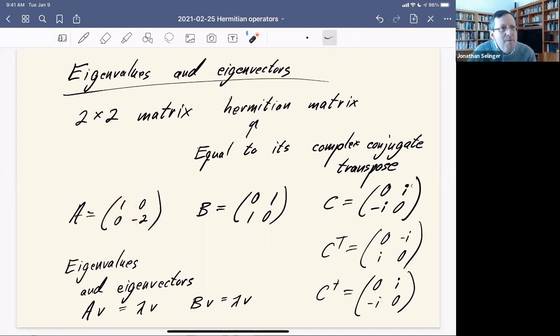Okay. I'm guessing maybe you guys could use a little refresher on eigenvalues and eigenvectors. Let me try to prepare that for Monday. I'm going to do a little refresher on eigenvalues and eigenvectors of a 2x2 matrix, and then move on to eigenvalues and eigenvectors of an operator in quantum mechanics, like the energy or momentum, things like that.